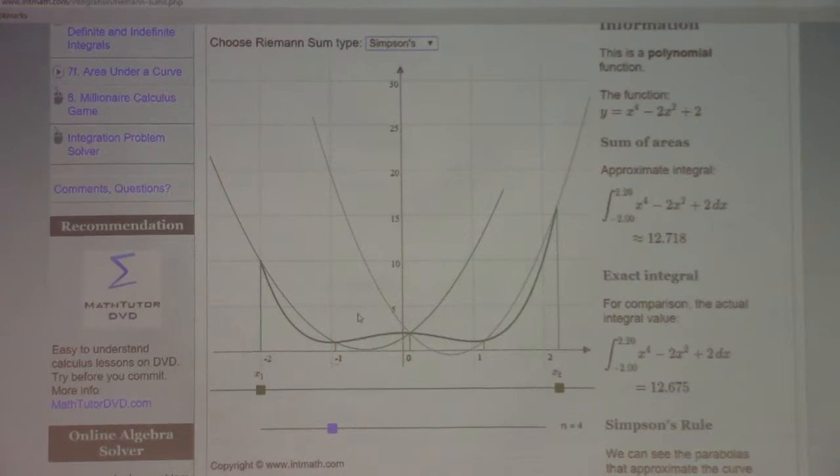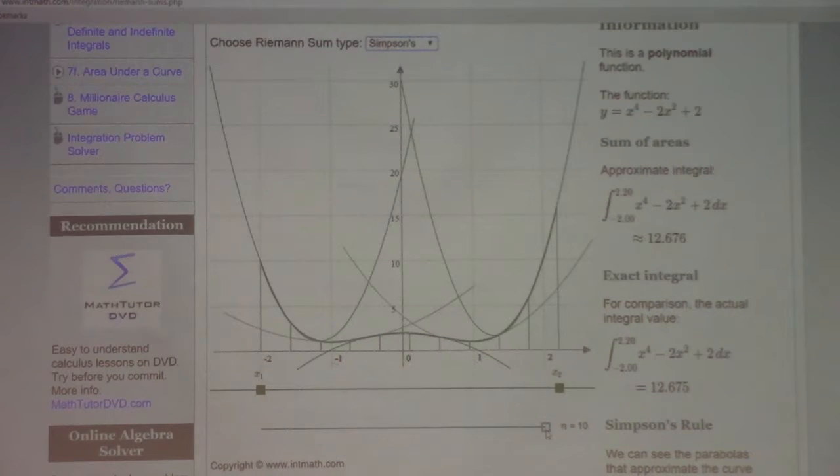So what happens if you do n equals 20 with Simpson's? We only can go to 10, apparently. But it's going to show all the parabolas. If I were doing this, I would want to cut those parabolas off on the intervals. But it's as good as the money I paid for it.